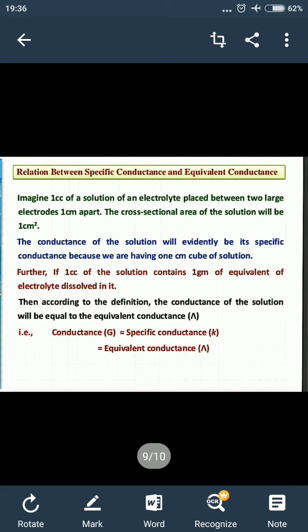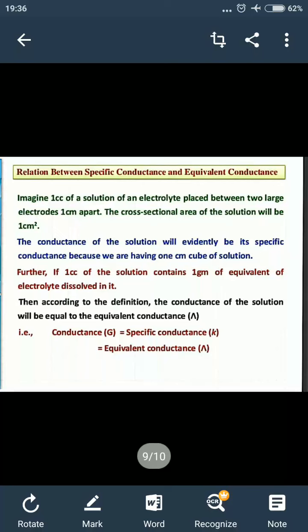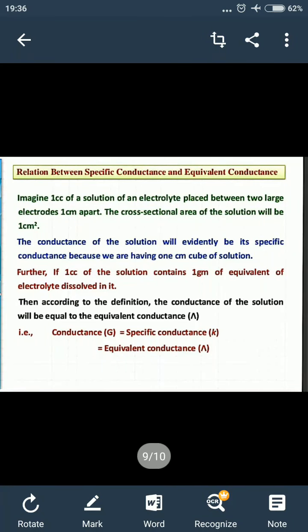Now imagine 1 gram equivalent is present in 1000 centimeter cube of the solution, that is 1 liter.